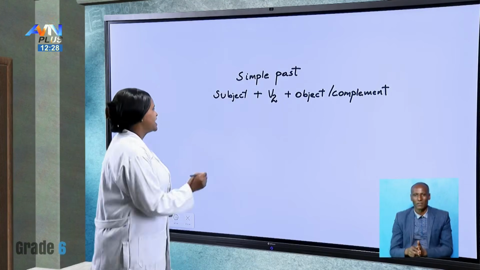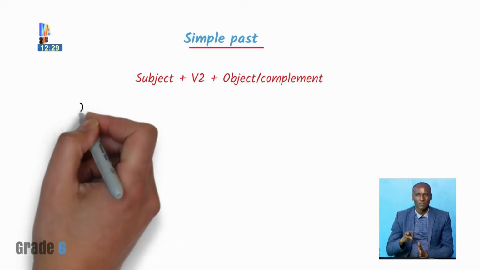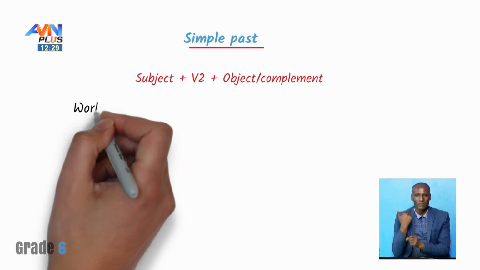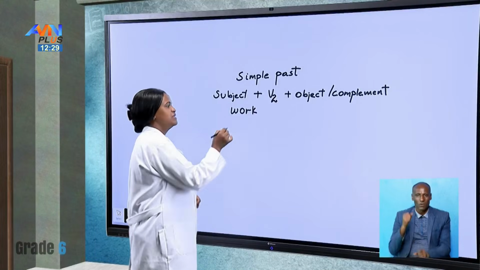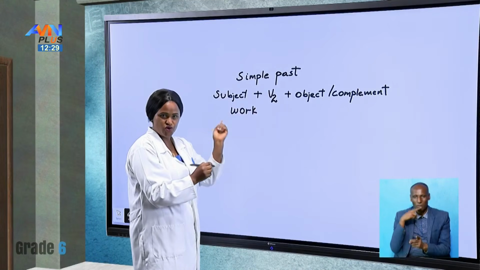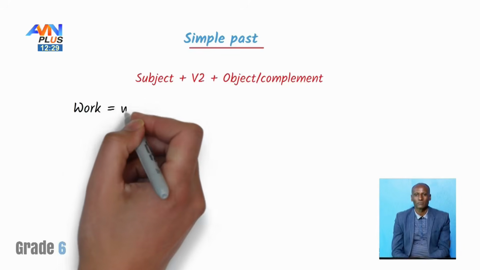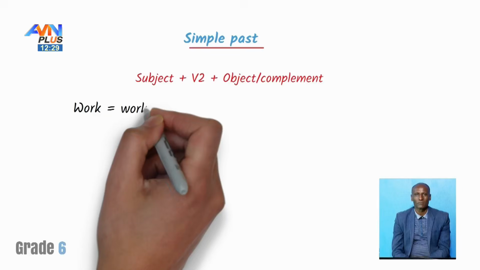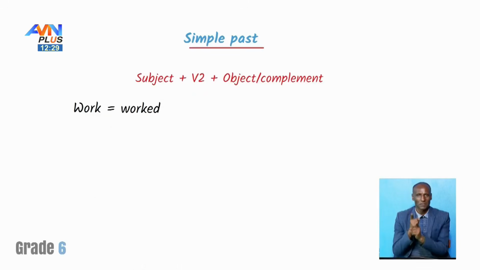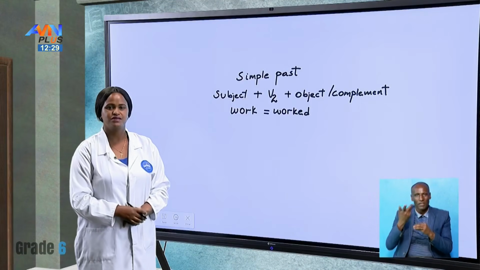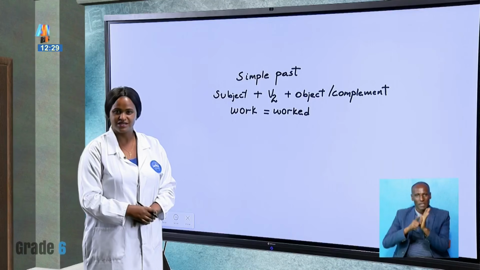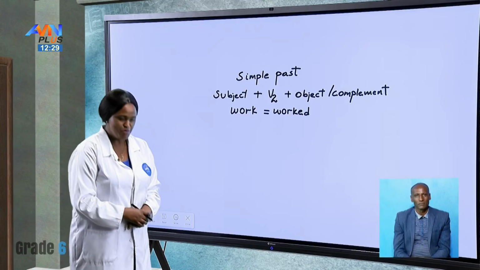Yes, somebody said worked. Very good. Work was the verb, and then the past or the verb two form of work is worked. Perfect. How about from the irregular verbs? One of the irregular verbs. Make.